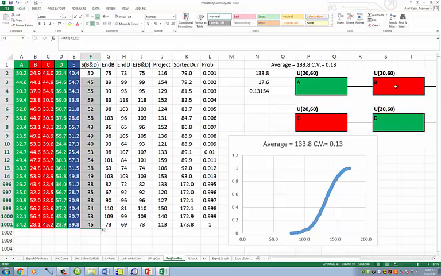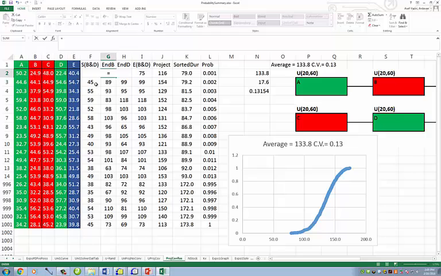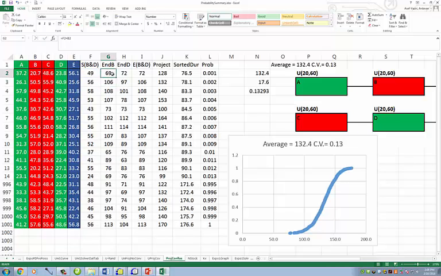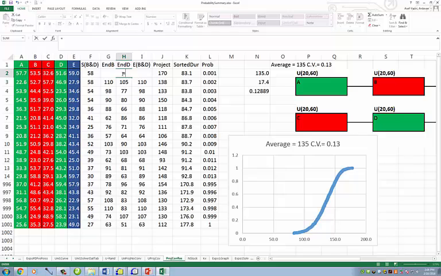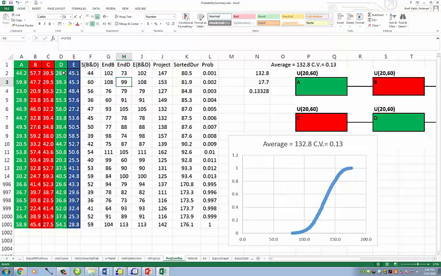For B to be completed, we should have completed A and C, equal to completion of A and C plus duration of B. Enter, copy it down. For D to be completed, we need A and C both completed, and we also need the duration of D. And then copy it down.